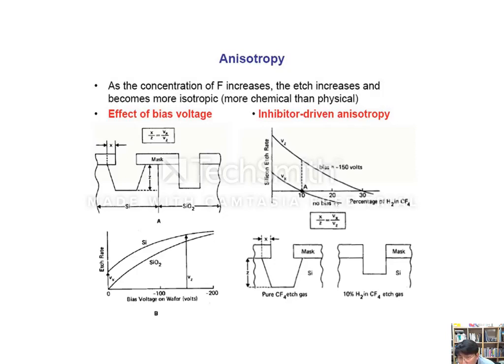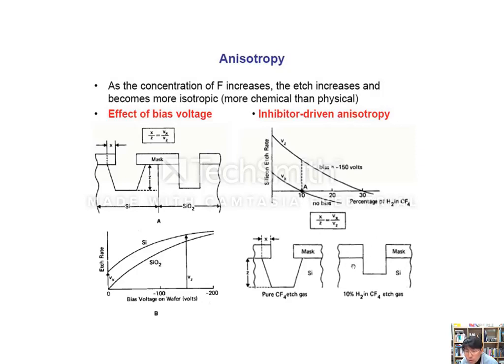if you have no bias, and you choose 10% hydrogen in CF4, what happens? You get zero silicon etch rate. Over here, Vx is zero, but V0 has a good etch rate. That means there is no X direction etch rate. So with this process you can get this, because there is no X direction etch rate.